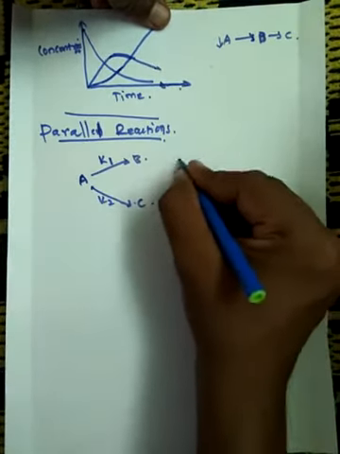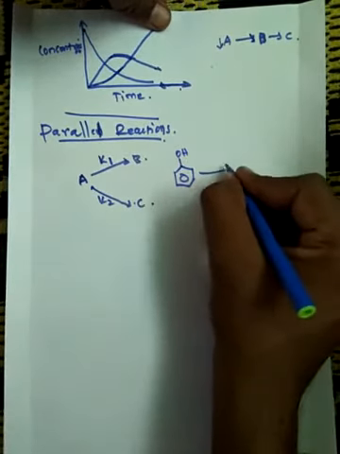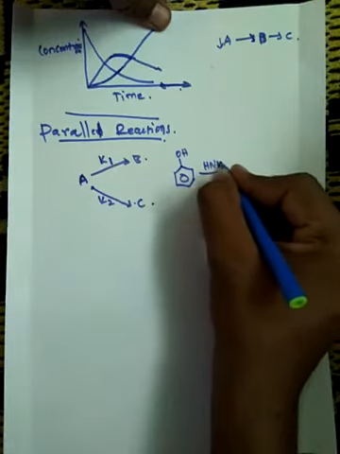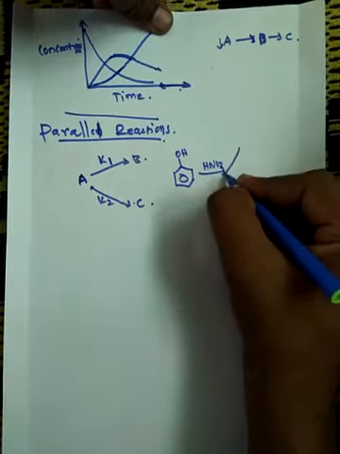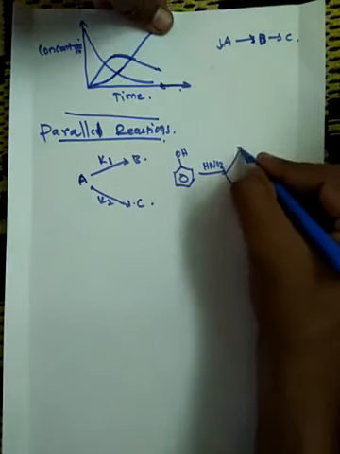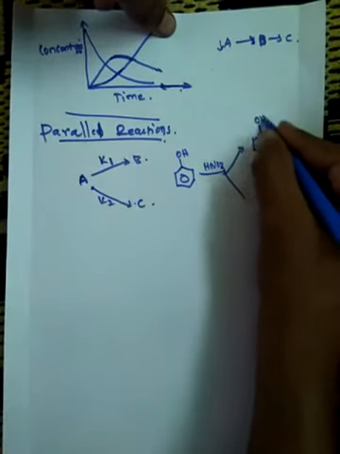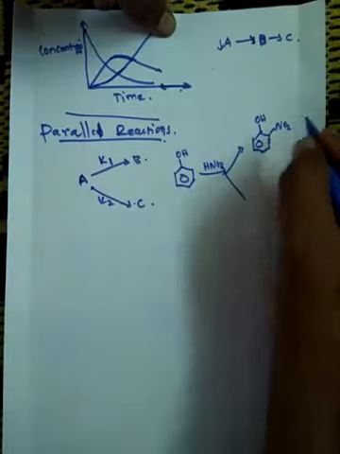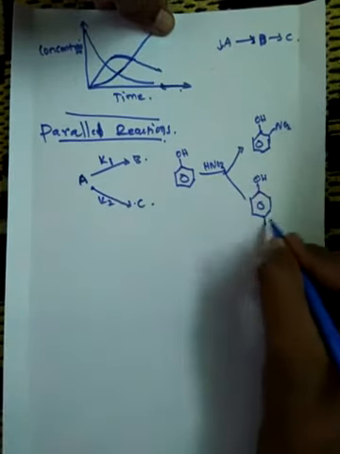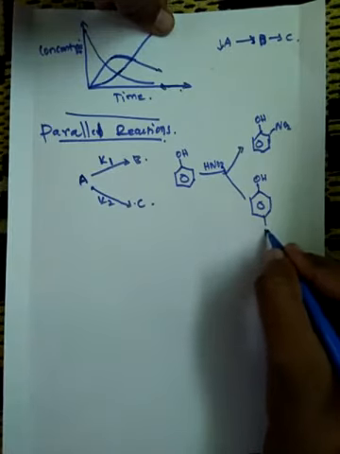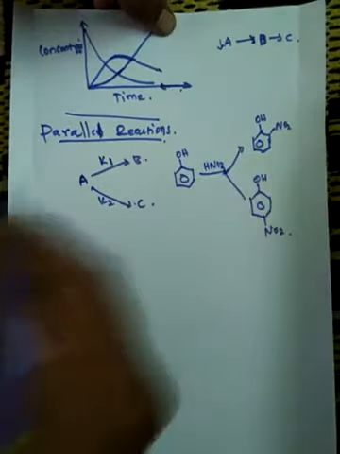The nitration of phenol will form ortho and para products: ortho nitrophenol, and the other product is para nitrophenol. So this is an example of a parallel reaction.